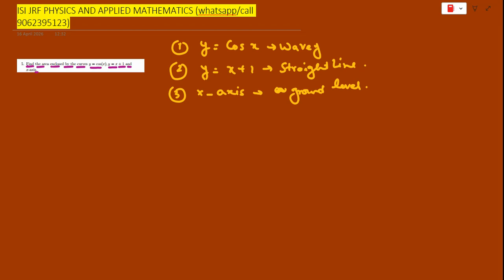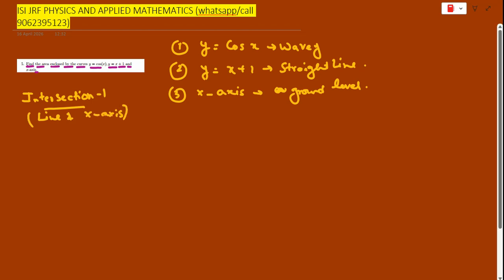Now whenever you see three curves, your brain should say the region is going to be piecewise. Now we need the boundaries. Let's talk about intersection 1, line and x-axis. x plus 1 is 0, so x equal to minus 1.